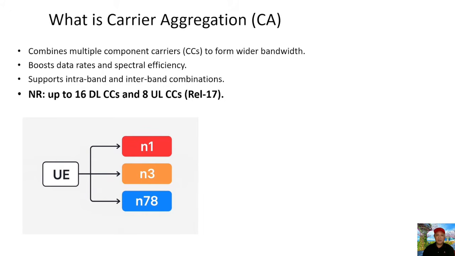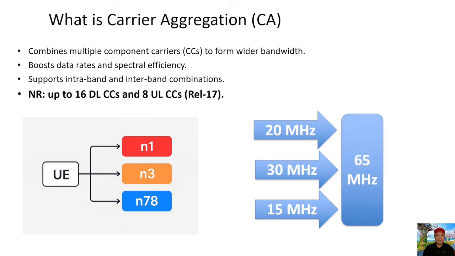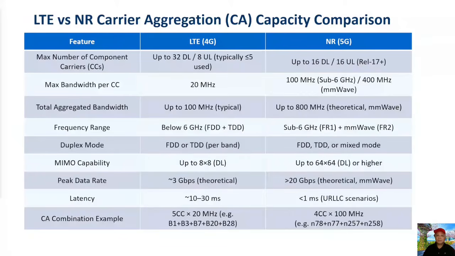Each component carrier can belong to the same or different bands, known as intra-band and inter-band CA. In 5G, New Radio supports up to 16 downlink component carriers and 8 uplink component carriers, enabling gigabit-class speeds and efficient use of fragmented spectrum.